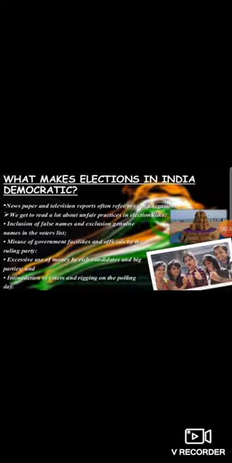We get to read a lot about unfair practices in elections. Newspapers and television reports often refer to such allegations. Most of these reports are about the following: inclusion of false names and exclusion of genuine names in the voter list, misuse of government facilities and officials by the ruling party, excessive use of money by rich candidates and big parties, and intimidation of voters and rigging or fraud on the polling day.